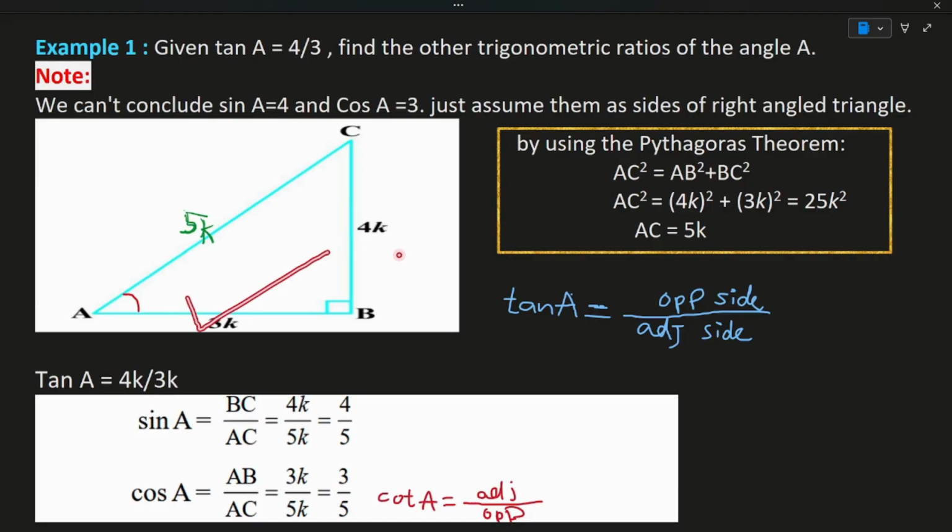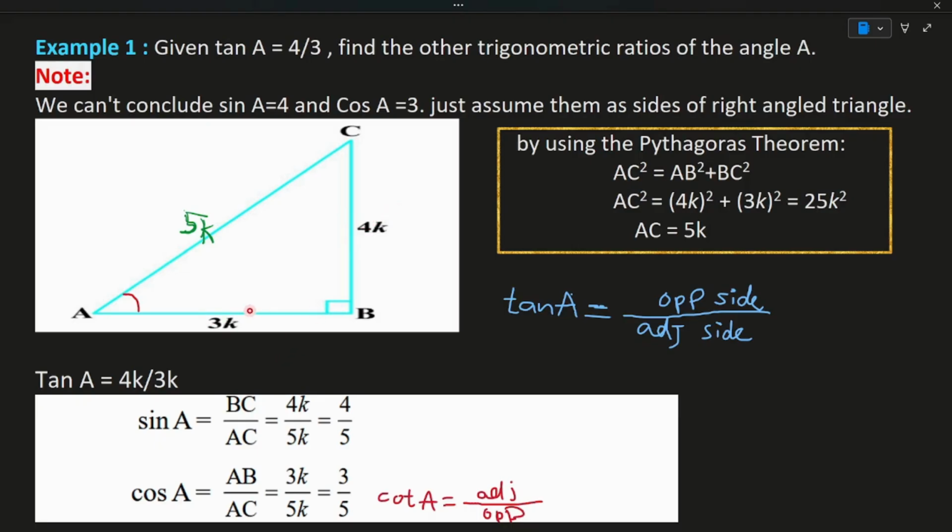Why am I taking the k here? Because in the problem, it is talking about the ratio, so I can consider a multiplication of k here. From the subject, we know that tan A equals opposite side by adjacent side, so the opposite side became 4k and the adjacent side became 3k.